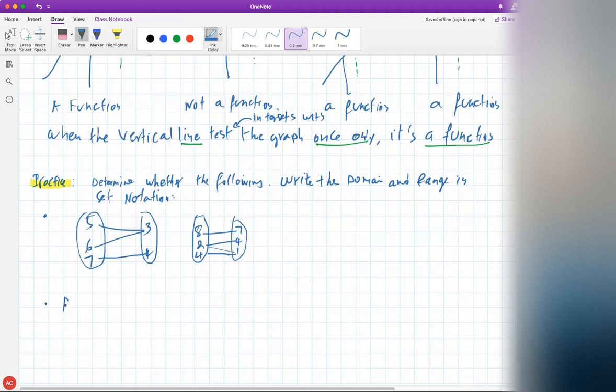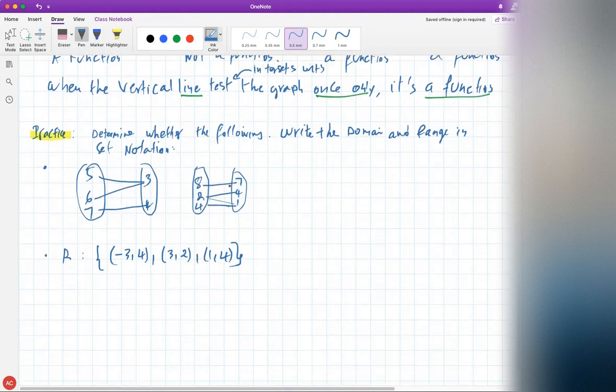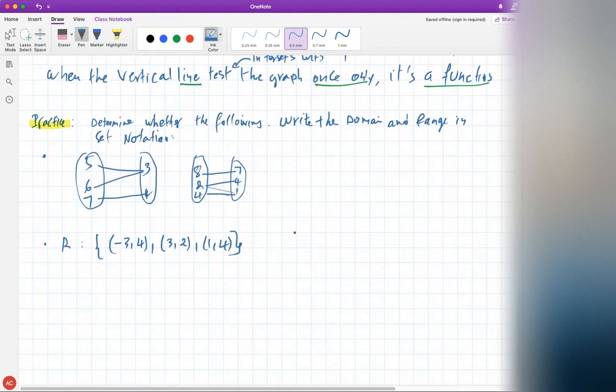I'll also give you some relations here. Same thing for this one. Maybe another one.